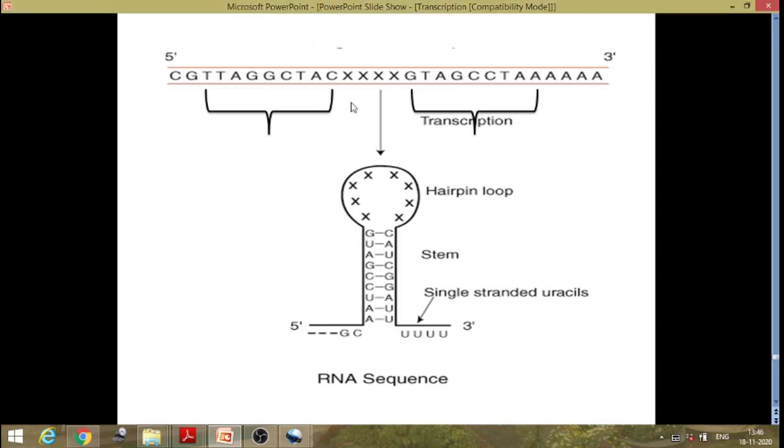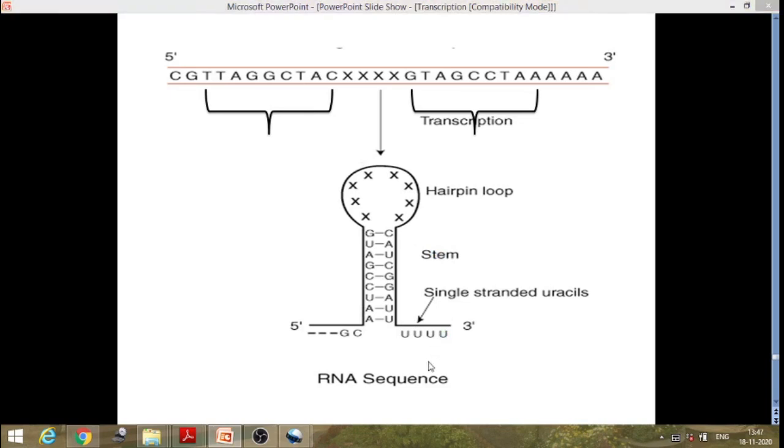So when this stretch of DNA is transcribed into RNA, the RNA can attain this stem loop structure. When you draw it, you will get to know that the inverted repeats are complementary to each other and they can form the stem, and a stem loop structure is formed.